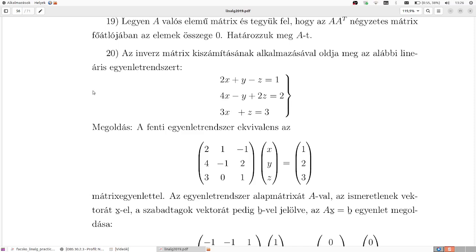So this is the system of equations that we should solve. Actually, that's very, very simple. It's nothing more than a matrix and this is a vector.